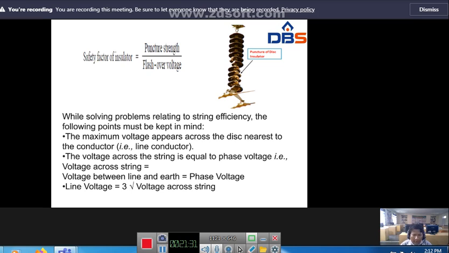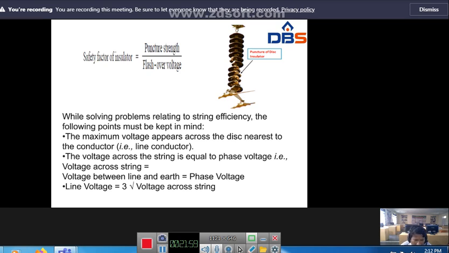While solving problems relating to string efficiency, the following points may be noted. Maximum voltage appears across the disc nearest to the conductor. Voltage across the string is equal to the phase voltage, not the line voltage. Voltage across the string is equal to the voltage between line and earth, that is the phase voltage.